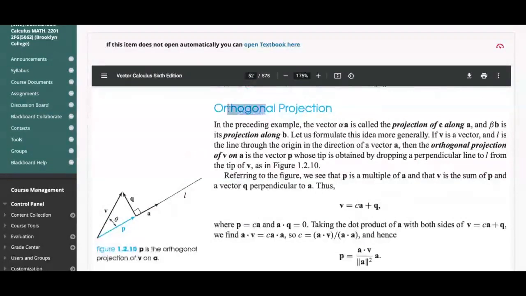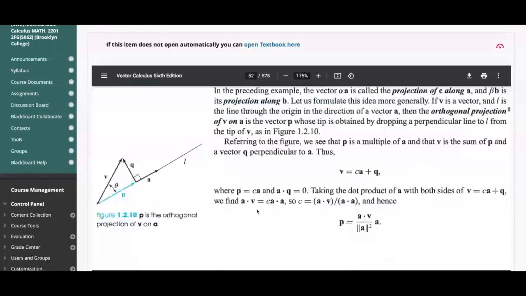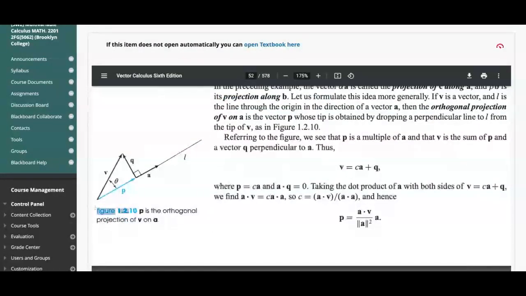Another idea is called orthogonal projections. Let's see figure 1.210 here. We see V is a vector. Sometimes we want to get its value on a certain axis, and we can do something called a projection.